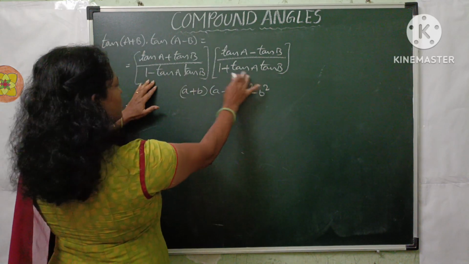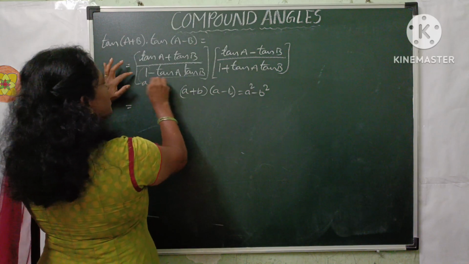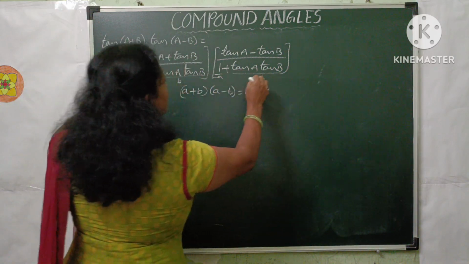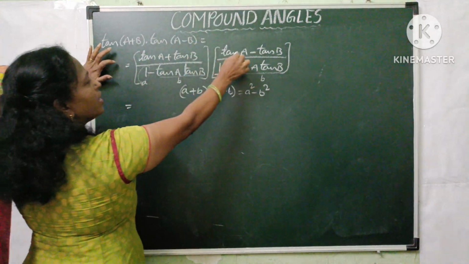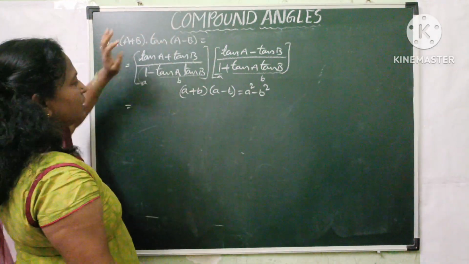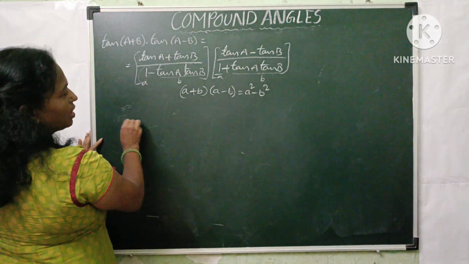Same down also. This is a, this is b. Here it is a, here is b. (a+b) into (a-b). This also we have to write as an algebraic identity.